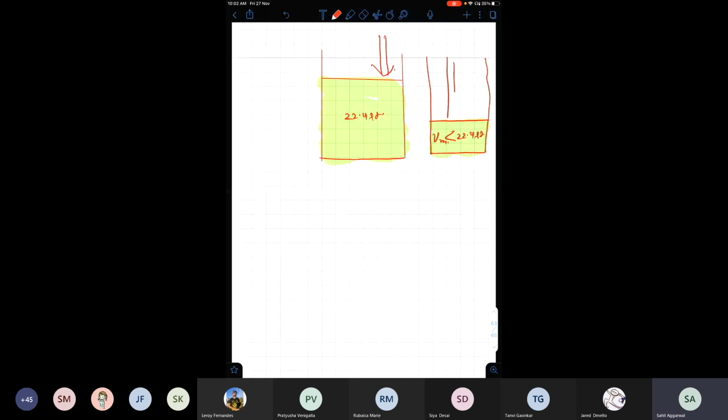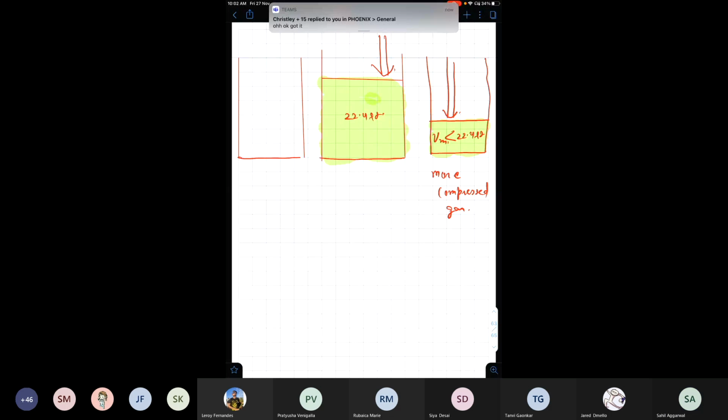If you compress it, so it is more compressible. वॉल्यूम बढ़ गया.